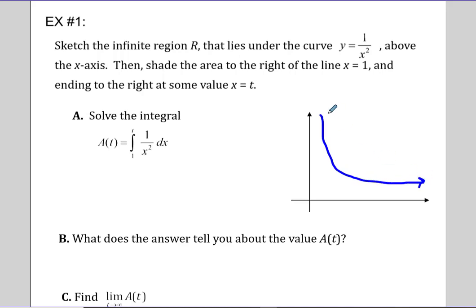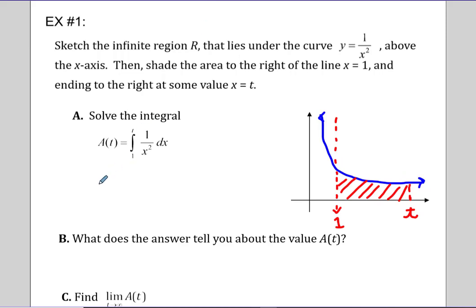So this is the branch of 1 over x squared, and if 1 is our lower bound, right here, we want to know the area under the curve all the way out to infinity. To get started, let's consider the area up to some value, which we'll call t.